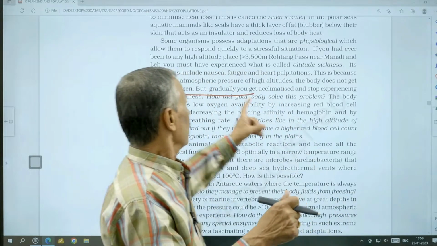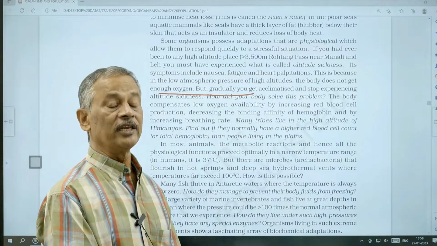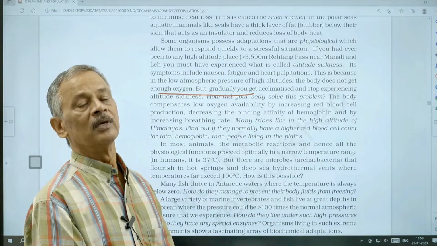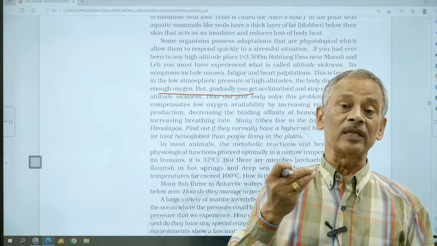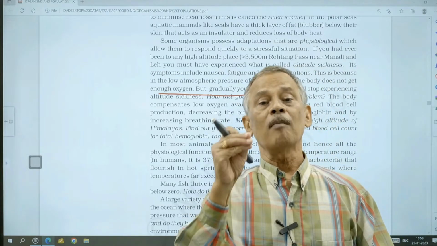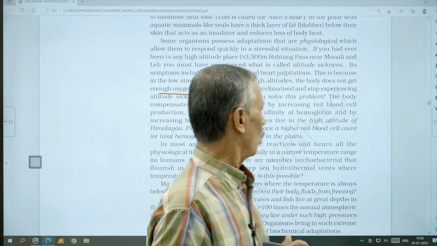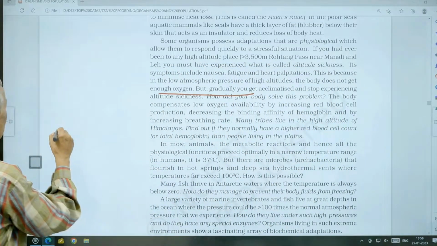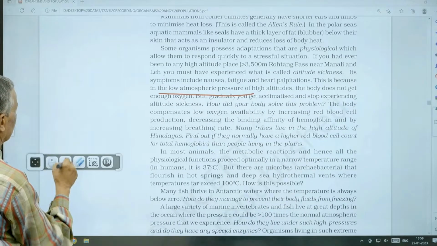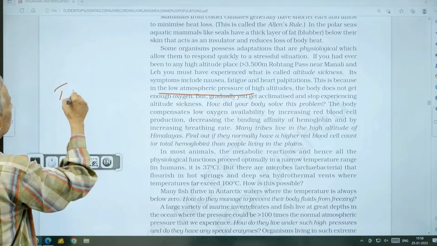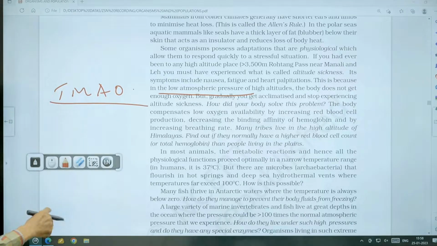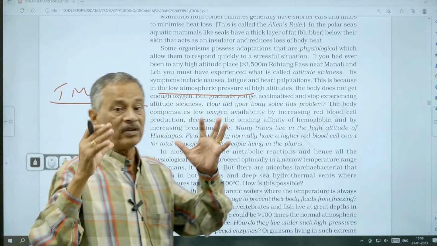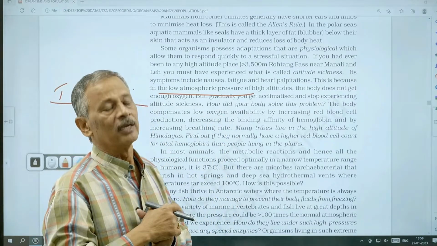Similarly, fishes are living in great depths. They will be having some enzymes for producing trimethylamine oxide, TMAO, which is capable of withstanding high pressure. Okay.